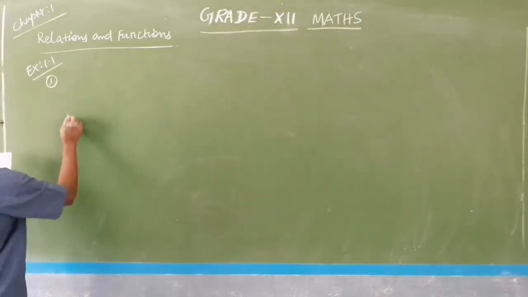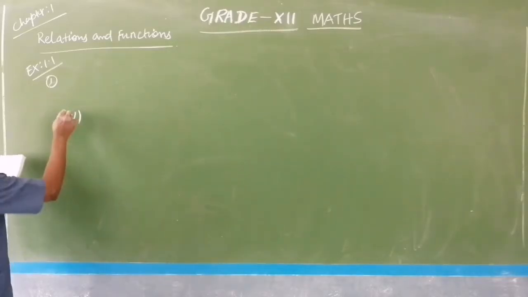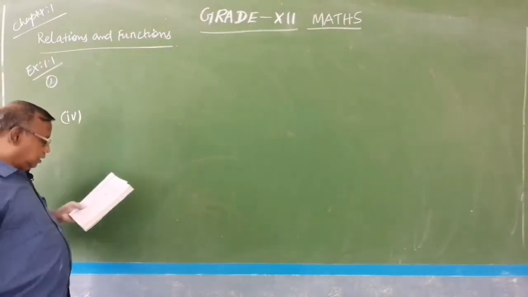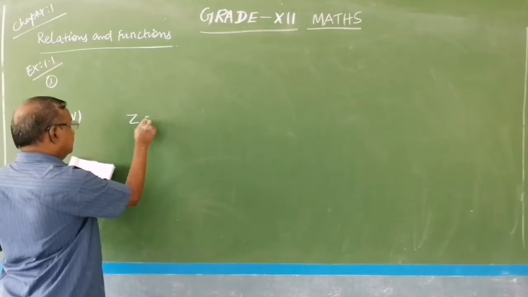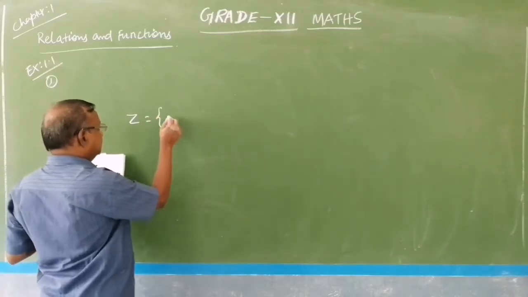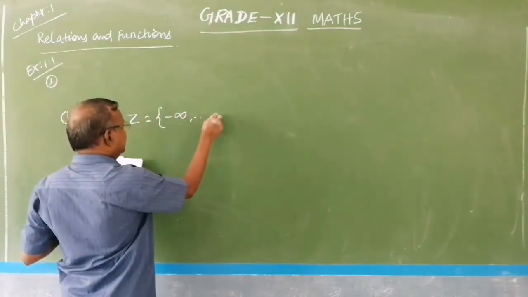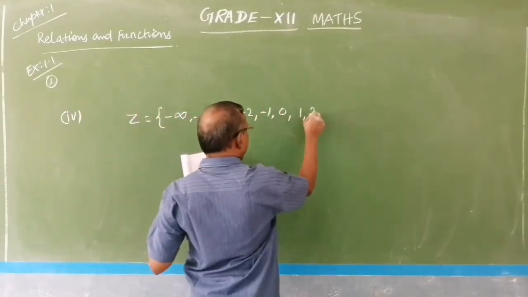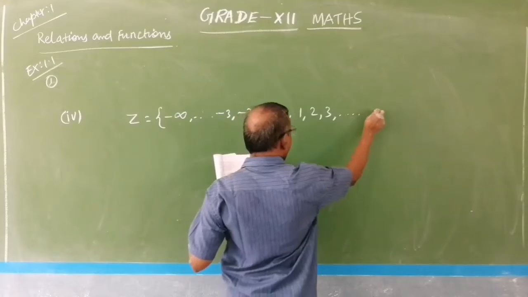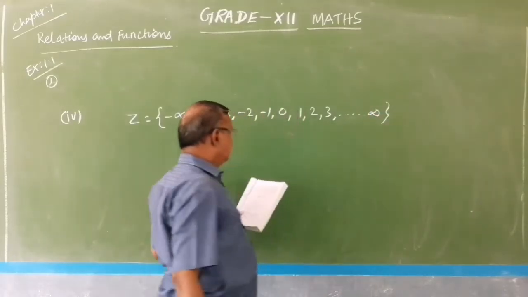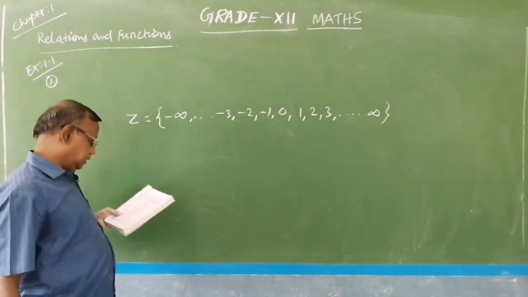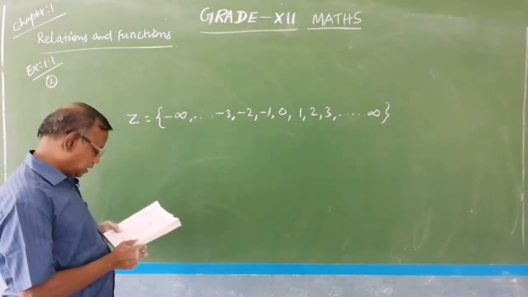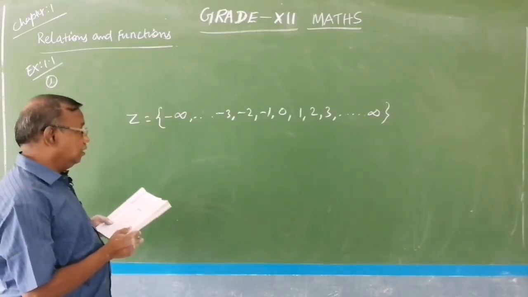Subdivision 4. We are given Z, the set of integers: minus infinity, etc., minus 3, minus 2, minus 1, 0, 1, 2, 3, etc. up to infinity. So these are all the elements in the set.